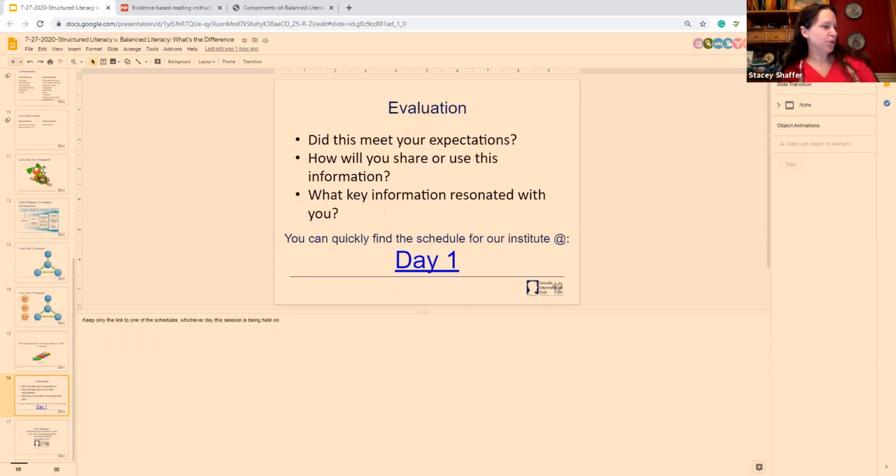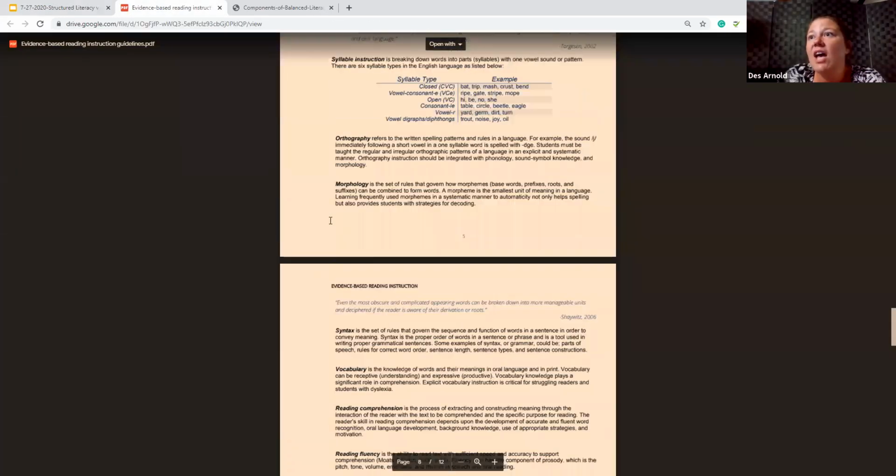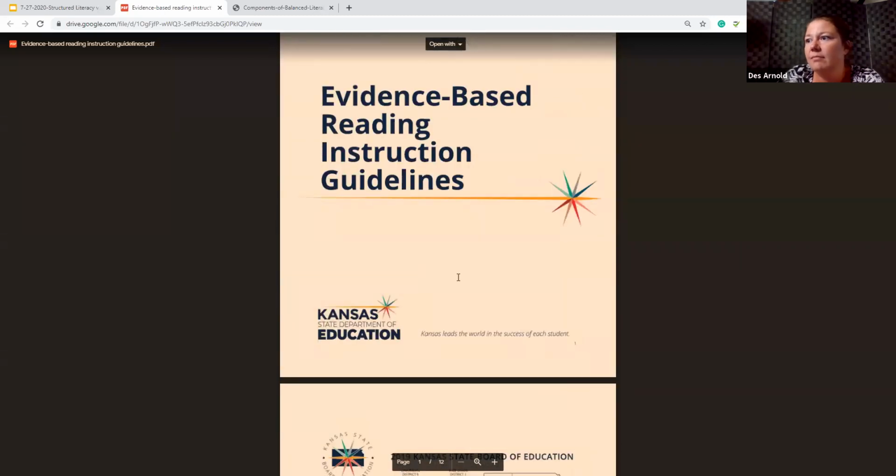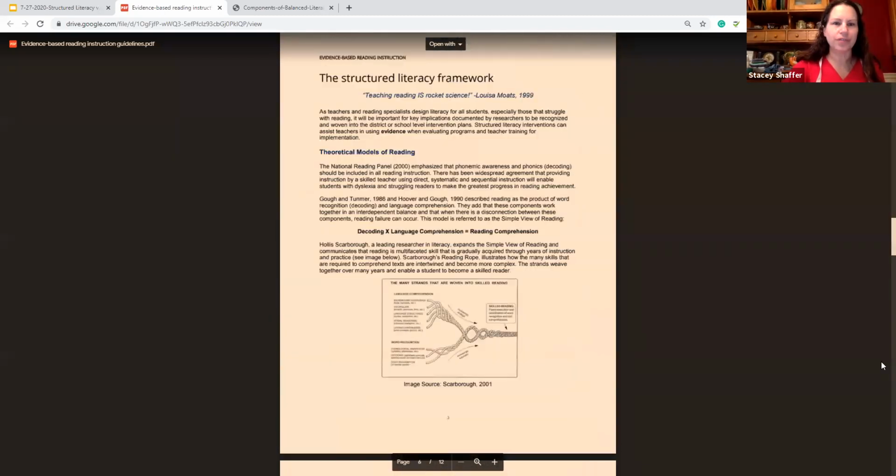I just had my daughter bring me the documents that you gave us that I printed out. There was a document that was like a checklist. Where was that in one of these? It was the last page of the Kansas Department of Education document. Okay, maybe for some reason all of that didn't print for me.